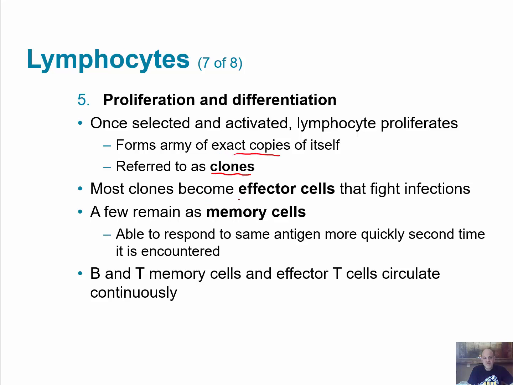Most of the clones are going to become effector cells that go on to do battle for the infection, and a few are going to remain to become memory cells. These memory cells are going to later on be able to respond if the same antigen becomes present again within the body, and this allows for a quicker response since the cells already have the memory of being exposed to that antigen. So both B and T memory cells and effector T cells are going to be circulating continuously.